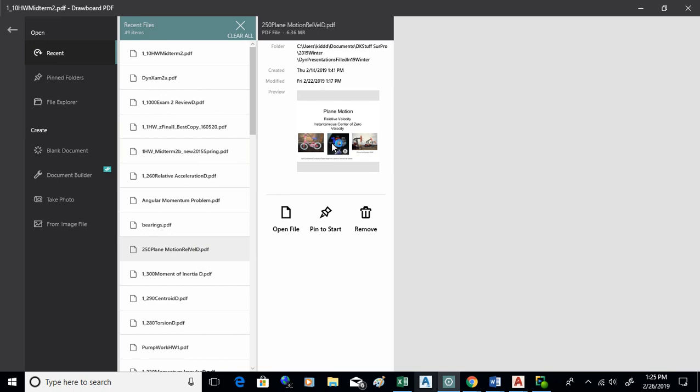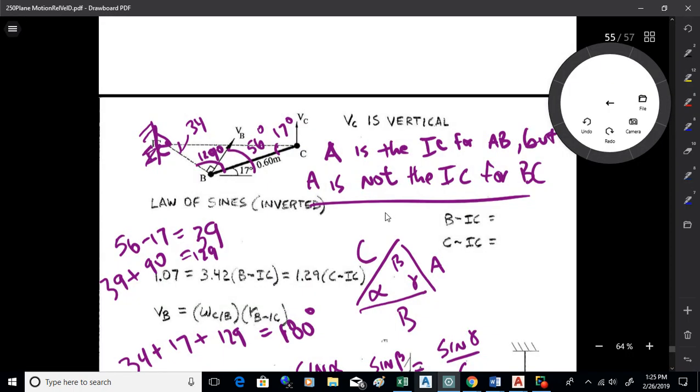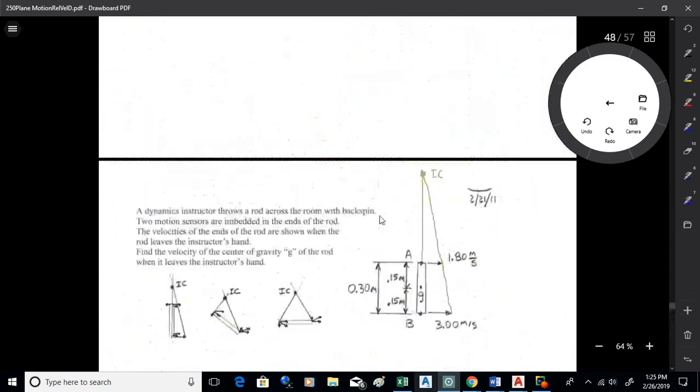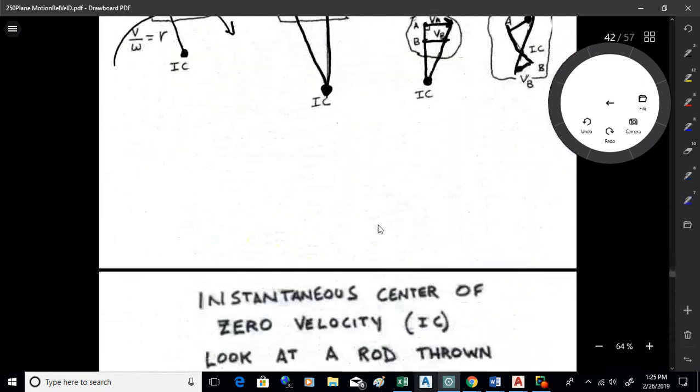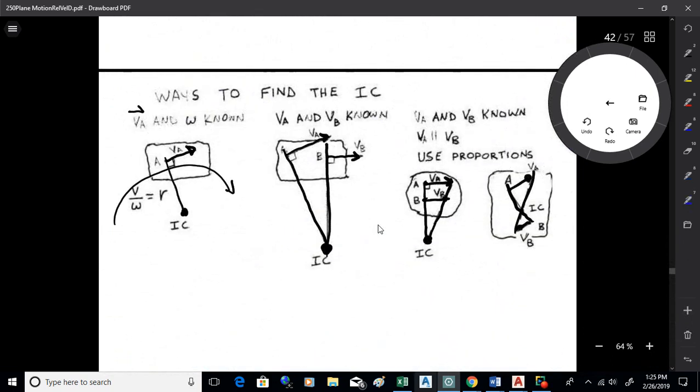The basic way is that you identify velocity vectors on the object, use perpendicular lines that run through the velocity vectors at the point where they're applied, and then intersect them at the instantaneous center. That's the basic visualization we want to do there.